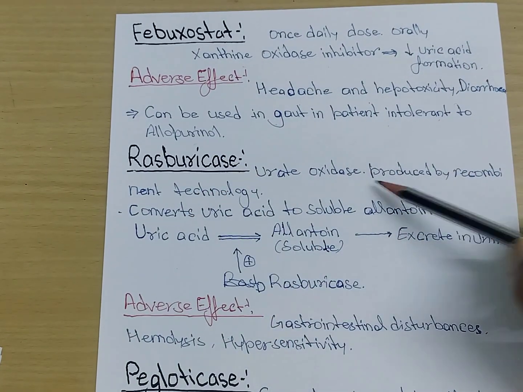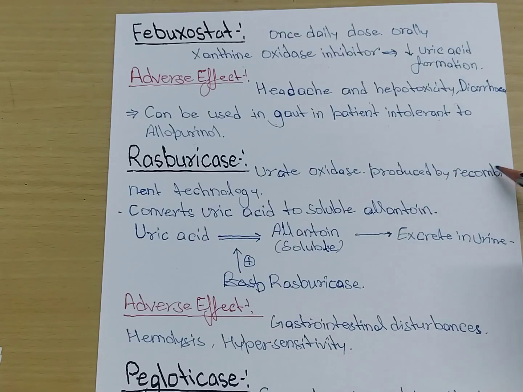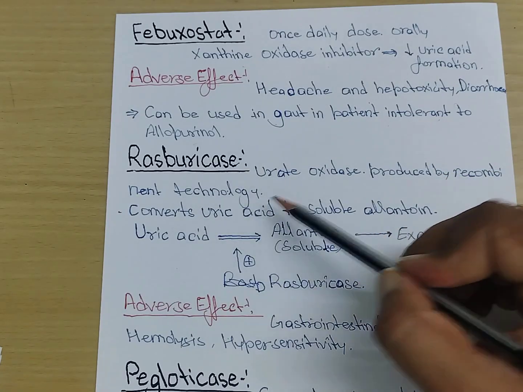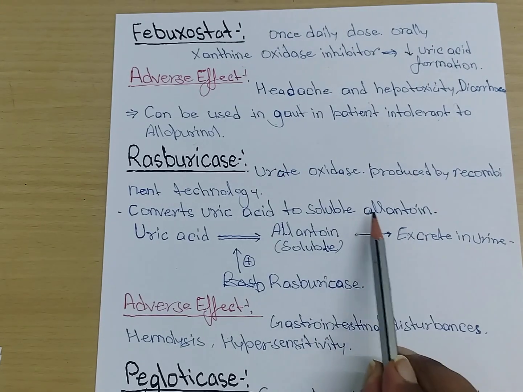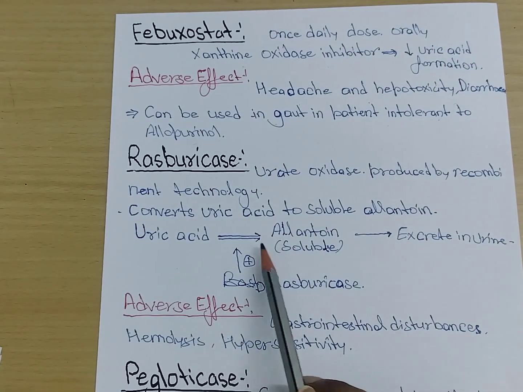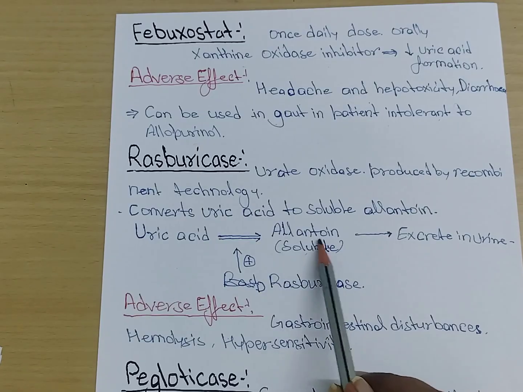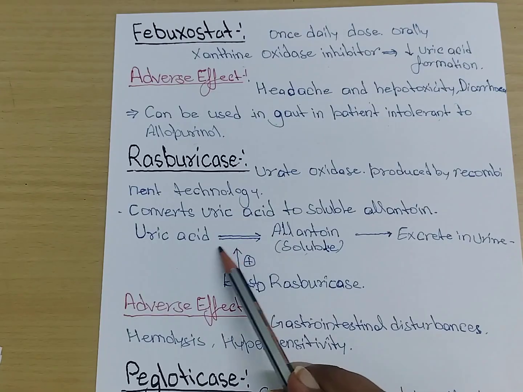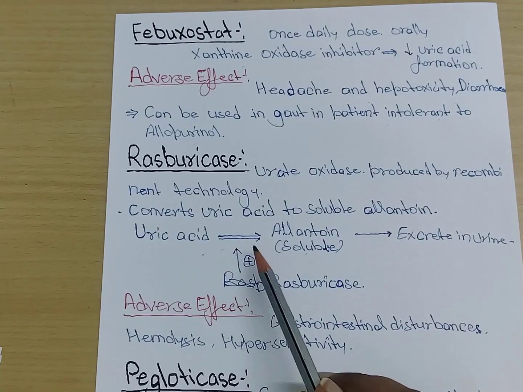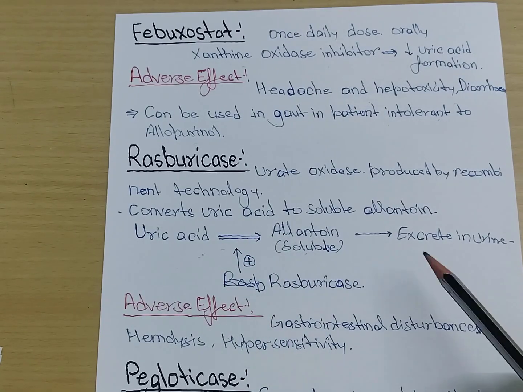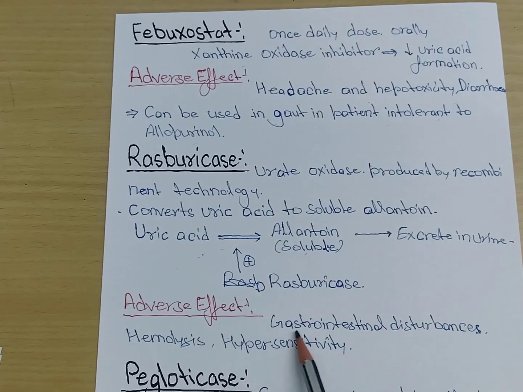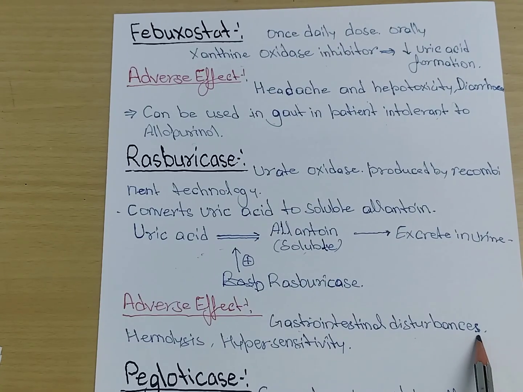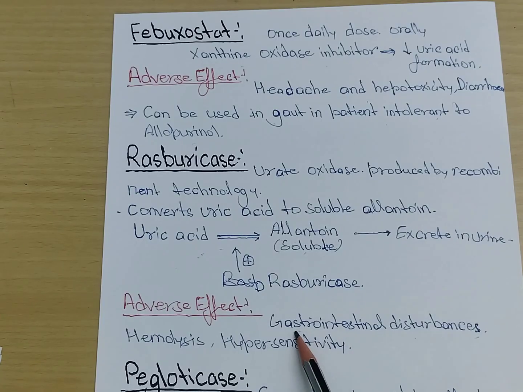Uricase, urate oxidase produced by recombinant technology, converts uric acid to soluble allantoin. Uric acid is converted to allantoin, which is soluble and gets excreted in urine. Adverse effects of uricase are gastrointestinal disturbance like diarrhea, abdominal pain or vomiting.